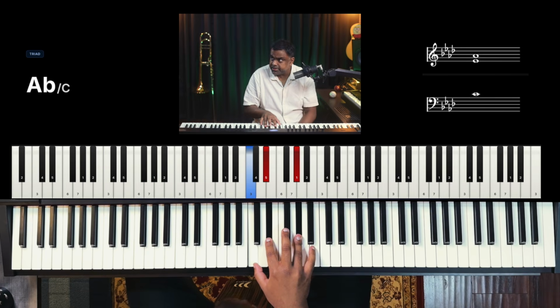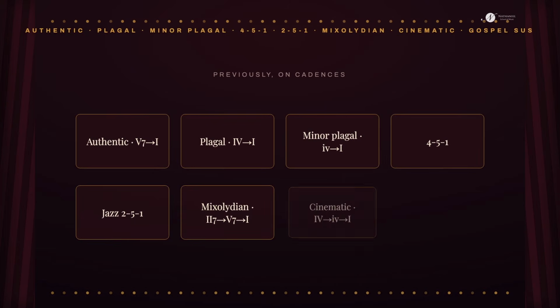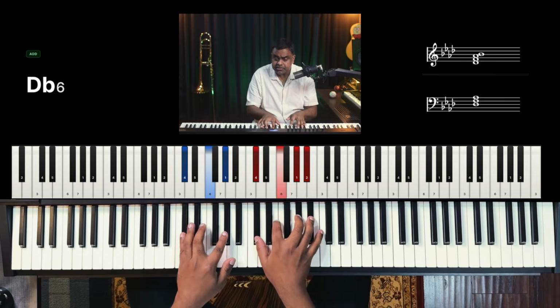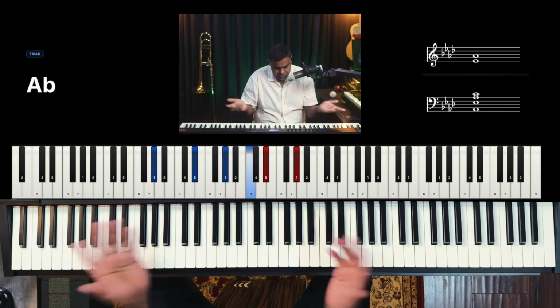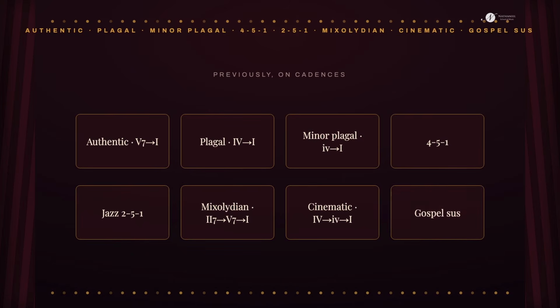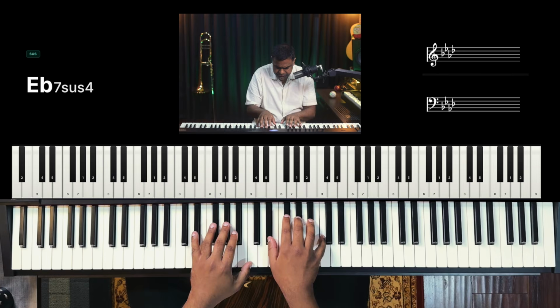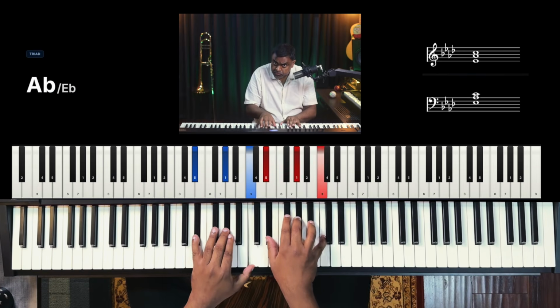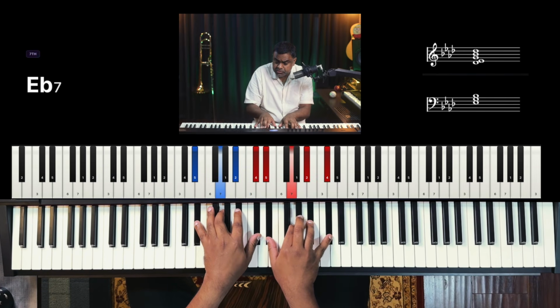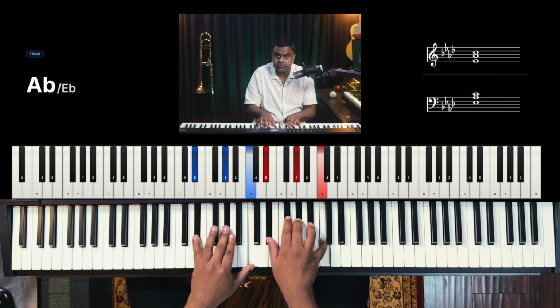That's the Mixolydian Cadence. And then we discussed the cinematic option, which is 4 major, 4 minor resolution. And what else? The gospel one, which is 5-7 sus4, resolving to 5-7, and then resolve to the major.